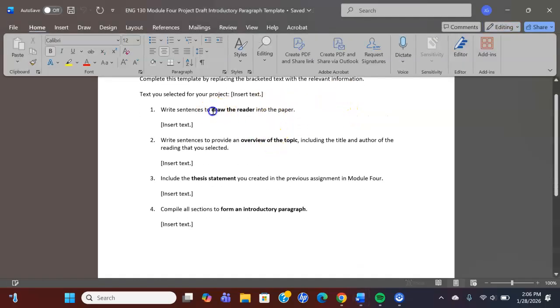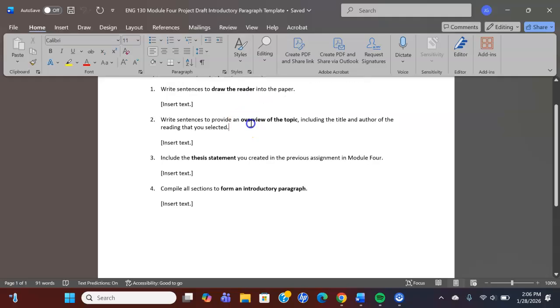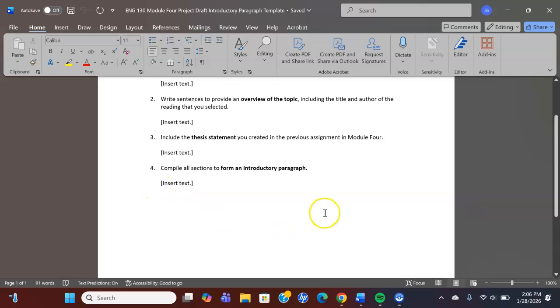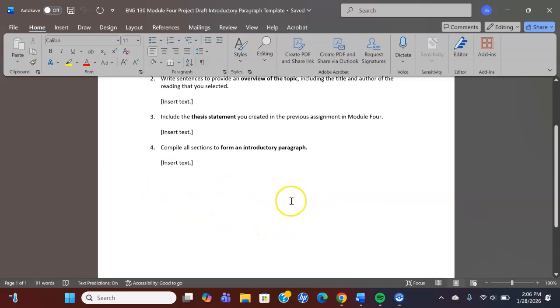So here you will draw the reader in with sentences that draw the reader in, provide an overview of the topic, making sure that you include the title and author to provide your reader context. And then you will include the thesis statement that you created in the 4-1. Okay, and then you'll combine that to create your full introductory paragraph. And one thing to remember here is that this introductory paragraph will be incorporated into your draft next week.